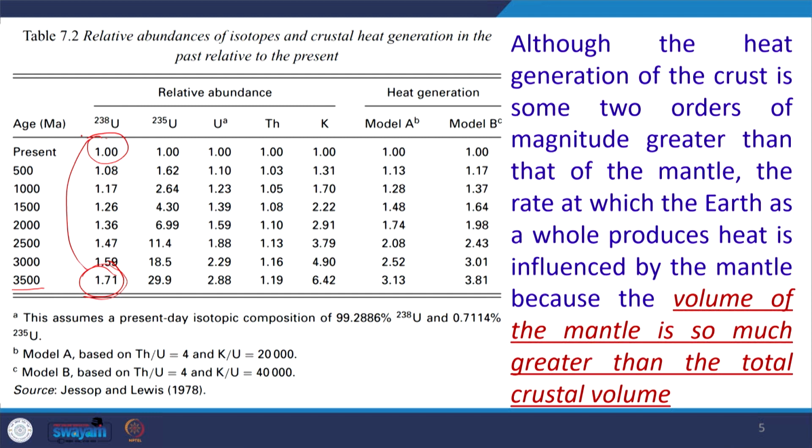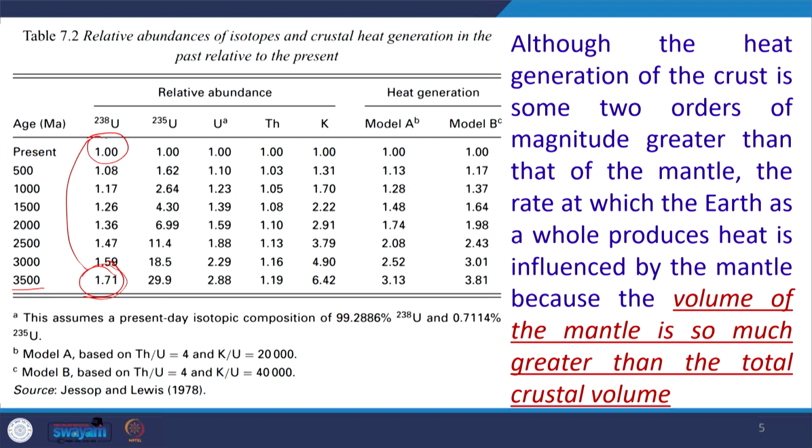So, in the geological past the heat production was very high, almost double that of the present. That indicates that with increase of geological age, the heat production of the surface and heat circulation gradually decreases.